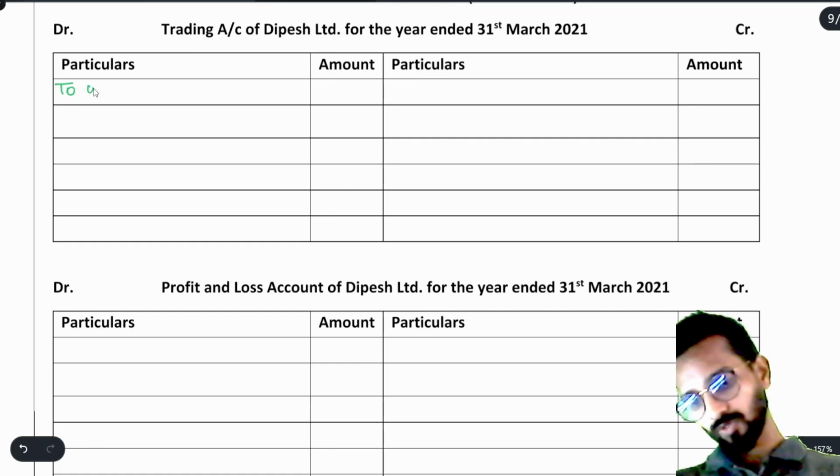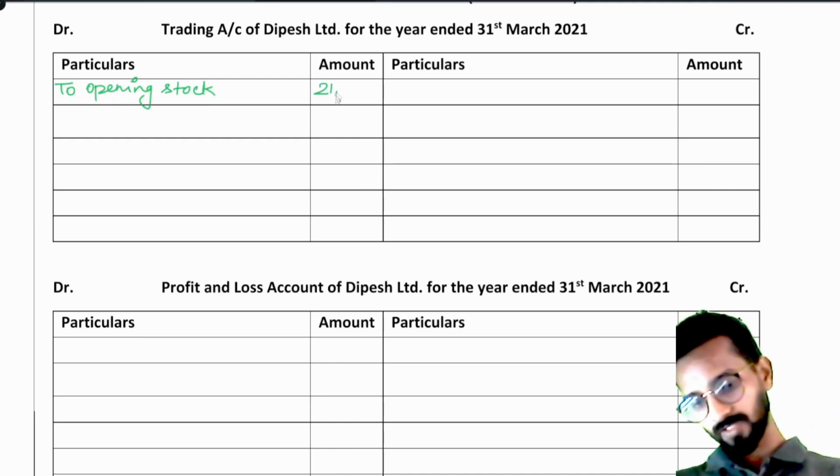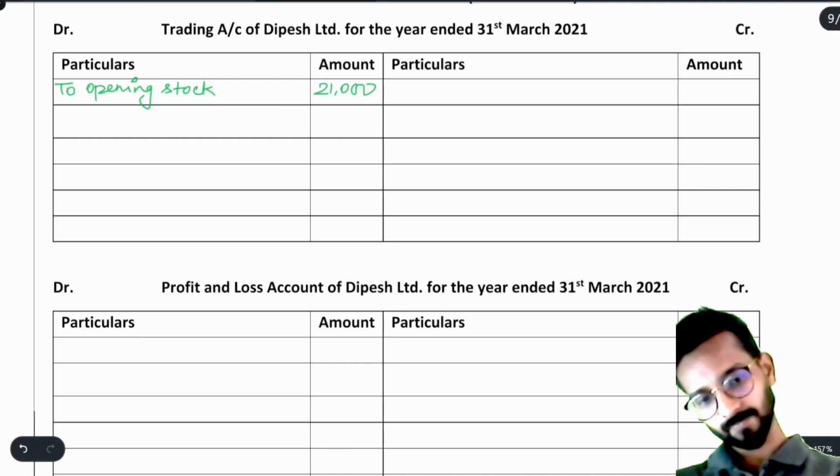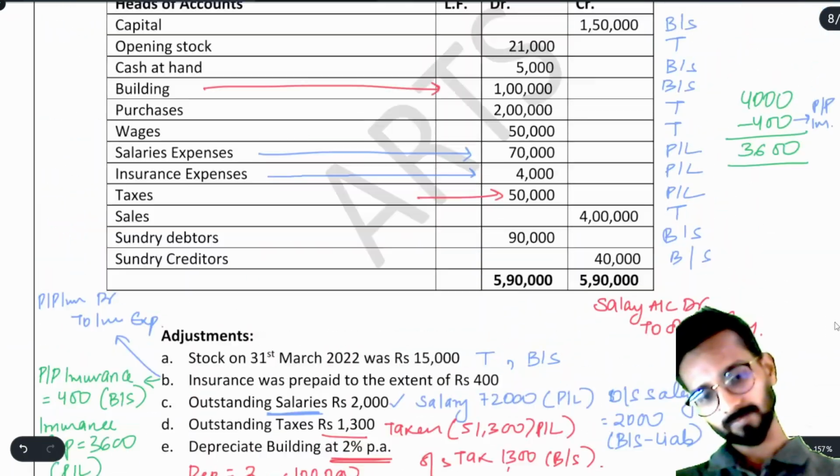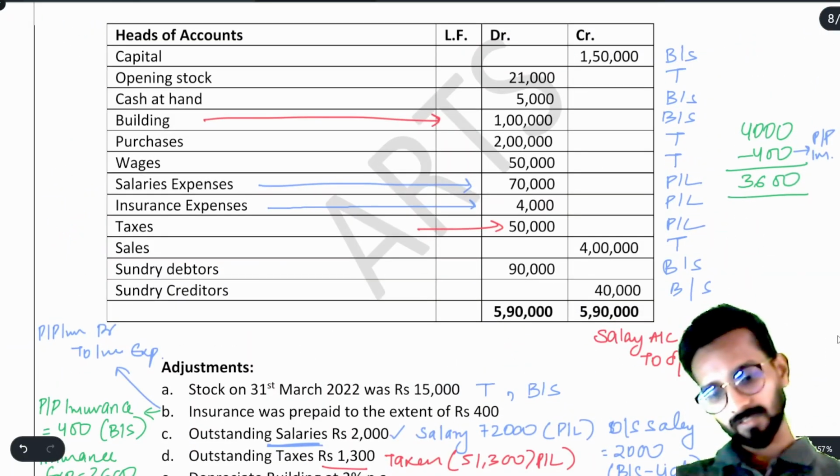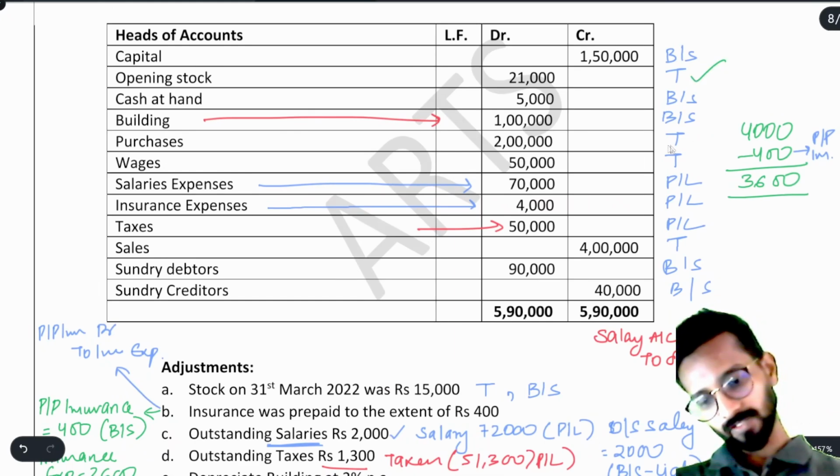To opening stock 21,000. Okay. Then after that, this is done. Then purchases was 2 lakh, wages are 50,000.